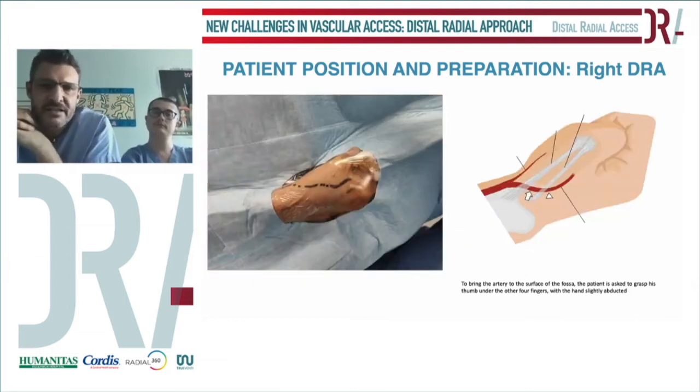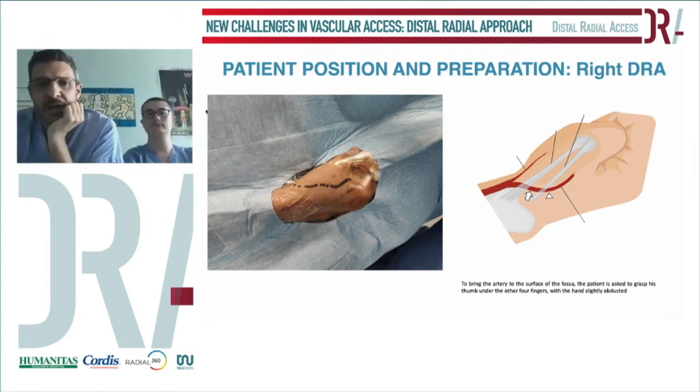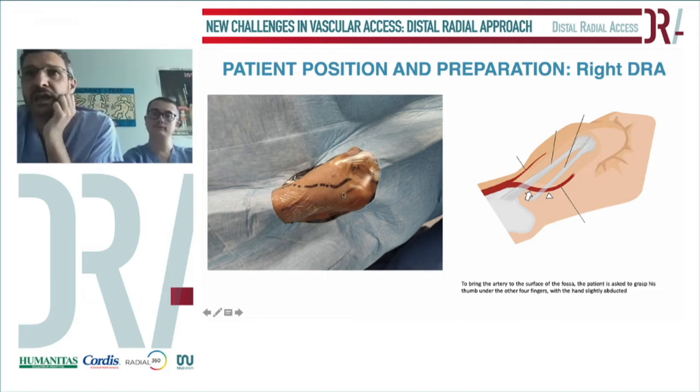So this is the patient whose image we saw just a few slides ago. In this case, it could be useful, at the beginning of your learning curve, to draw the vessel course on the patient's skin, in order to identify where to inject the xylocaine and where to perform your puncture.